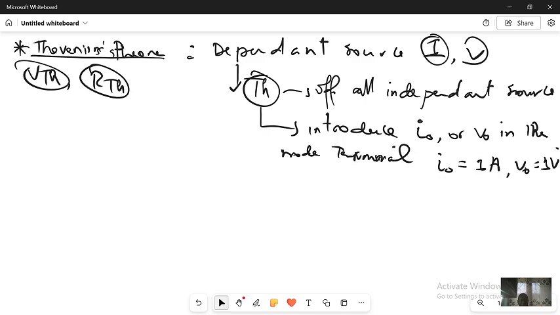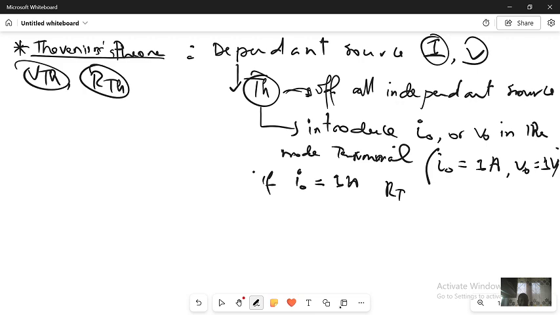Now let's say we are going to use these two ways. We turn off all the independent sources, and if we introduce I0 equal to 1 ampere, it means that we are going to find V0.